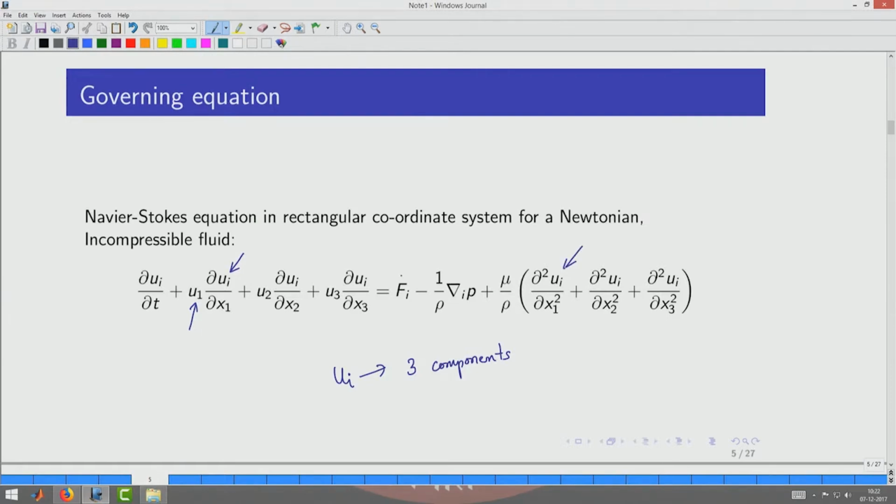For example, you have the body force term, the pressure gradient term, the Laplacian term, the advection term and the transient term. You can imagine that the analytical solution for such an equation in 3 dimensions will be formidable. In fact, it is impossible for many situations. So, what we are going to do is reduce the situation to something much simpler by assuming a list of conditions that we will discuss as we go along.